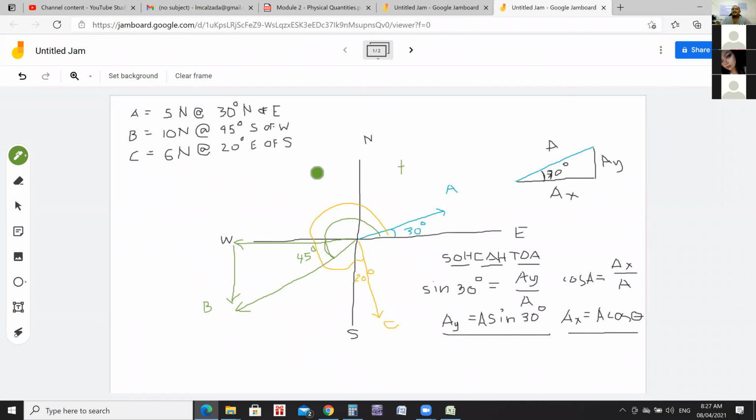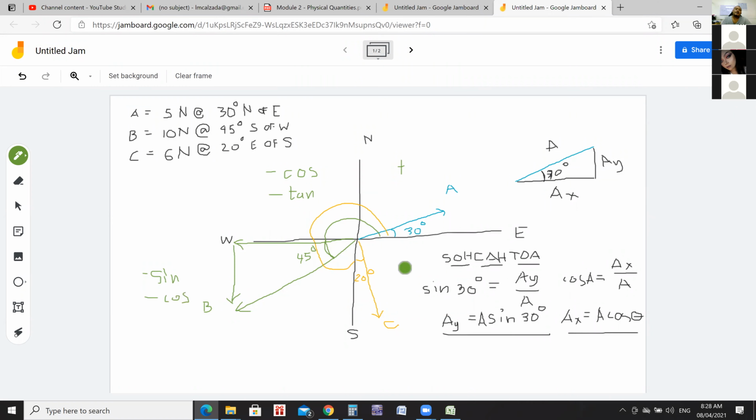Dire sa second quadrant, negative dire ang cosine ug ang tangent, di ba? Sa third quadrant, negative dire ang sine, negative dire ang cosine.